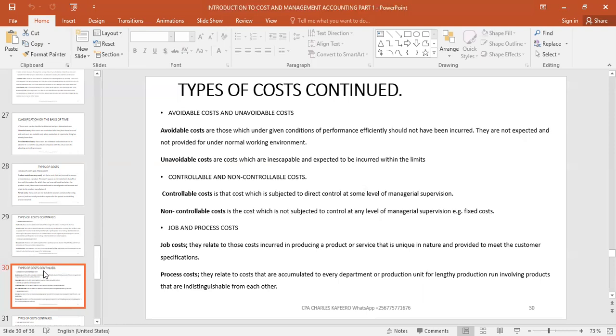Then your role is to determine how much we are going to spend on the different items that are needed to manufacture that item. Process costs relate to costs that are accumulated for every department or production unit for a lengthy production run involving products that are indistinguishable from each other.